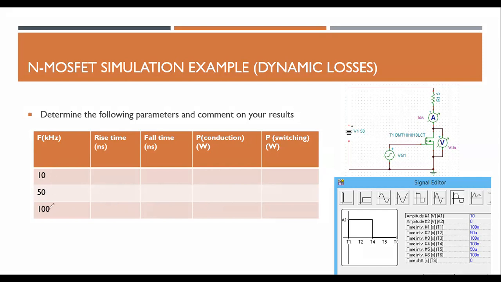So the frequency is simply 10 kilohertz. You can increase the frequency to different values and see what happens to your switching loss and dynamic loss. Conduction loss will be the same, but the switching loss will increase with the frequency.